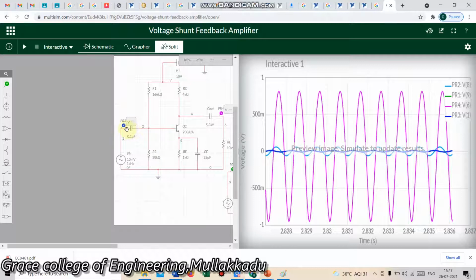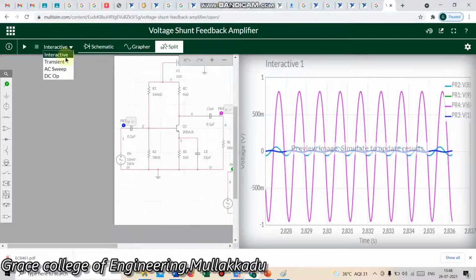The input signal is a sinusoidal waveform, and we are going to measure the input and output characteristics. The input signal is indicated in blue color as a sinusoidal signal and the output is indicated in violet color as a sine wave signal which is amplified.